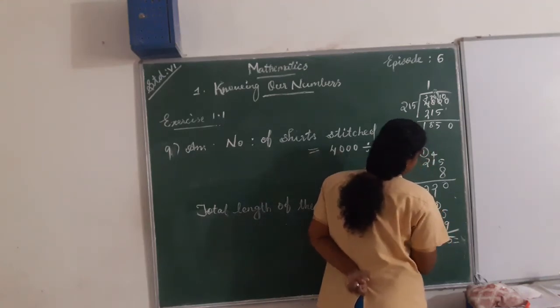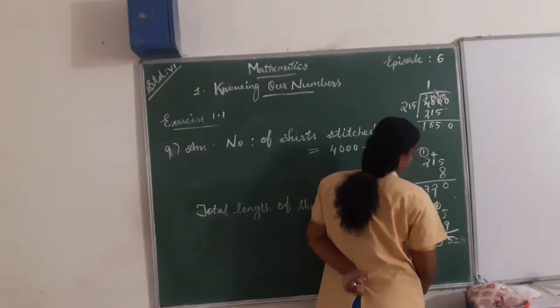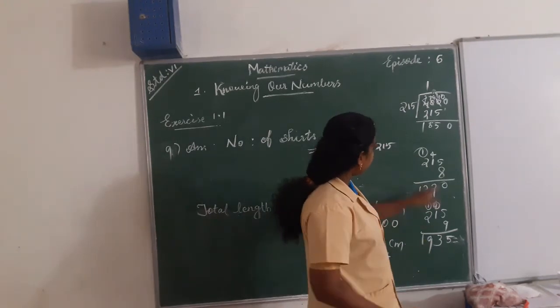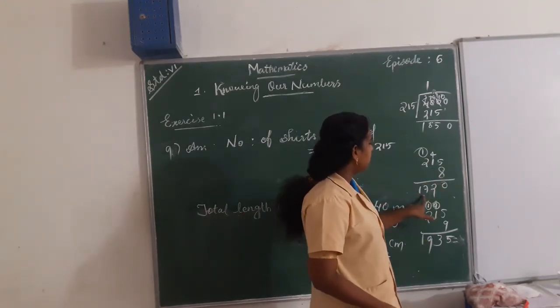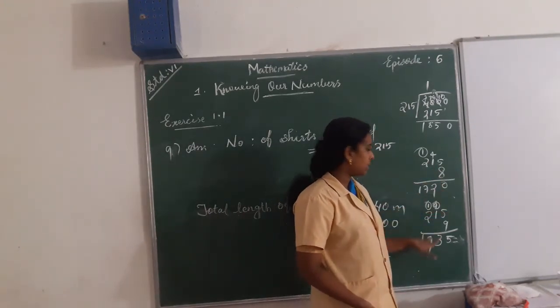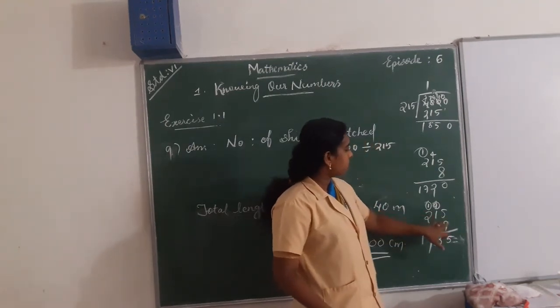Remainder 1. 9 2s are 18. 18 plus 9. 190. And here we get 215 into 8, 1720. And here we get 215 into 9, 1935.